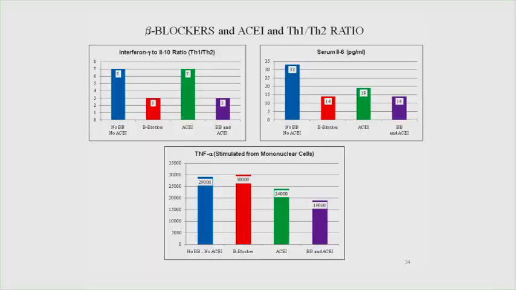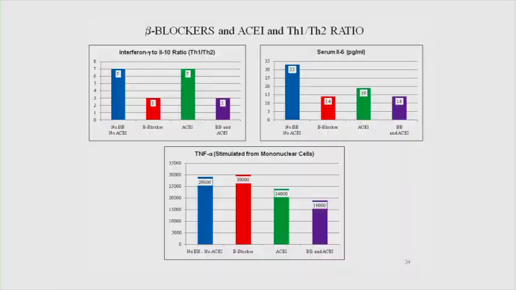If we look at the ratio of interferon gamma, which is Th1, to interleukin 10, which is Th2, you can see it is lower with beta blocker therapy. The ACE inhibitors didn't help much, and the combination was the same as a beta blocker, so beta blockers are helping. If we look at serum IL-6, another Th1 cytokine, both beta blockade, ACE inhibitors, and together lowered IL-6.